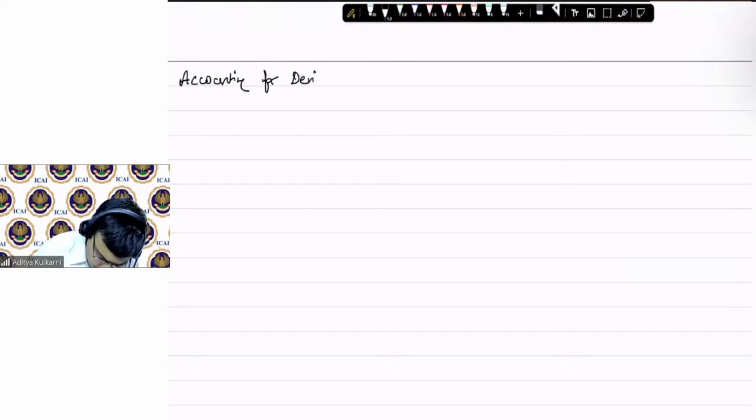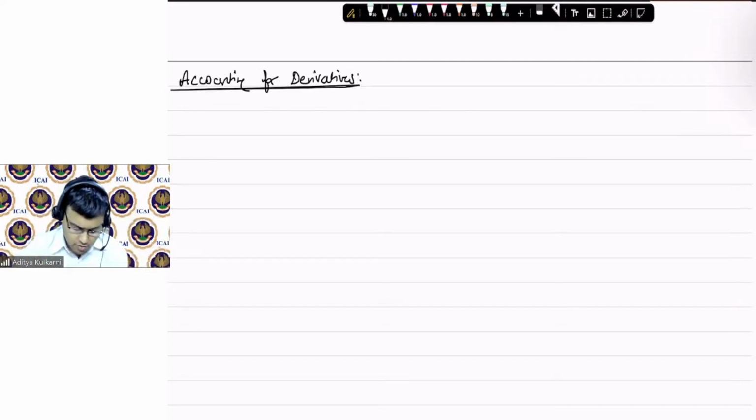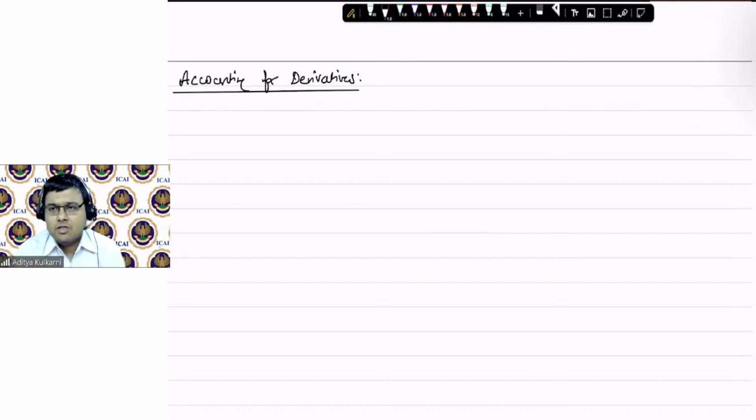Accounting for derivatives. Okay. So now, what is a derivative? Well, a derivative is an instrument whose value depends on the underlying asset's value.